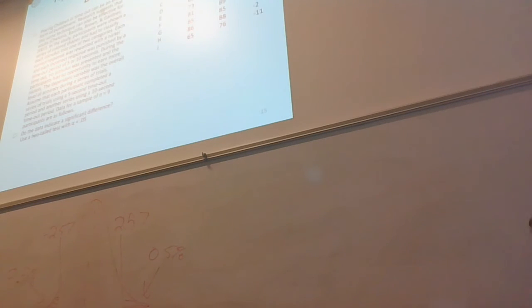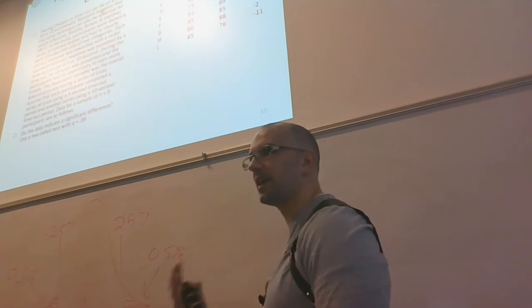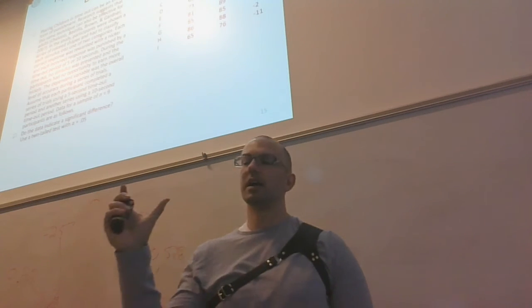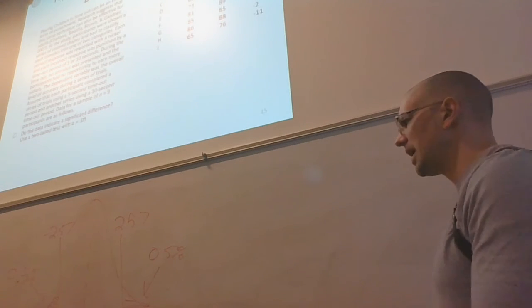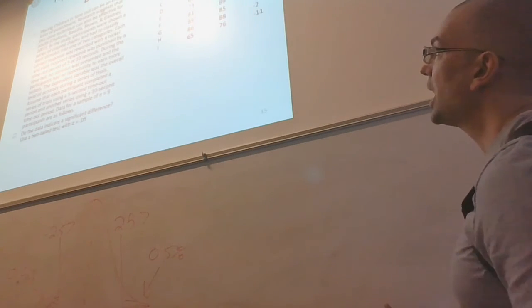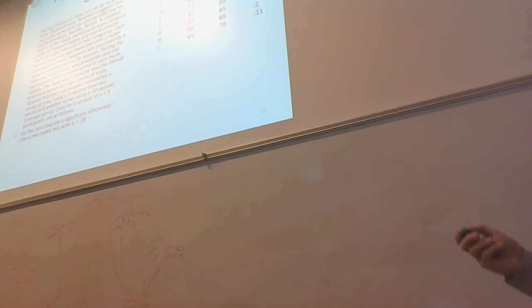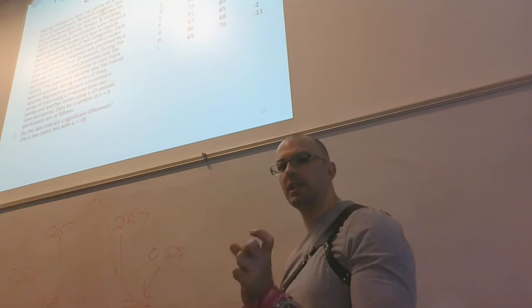And the logic behind this is a little bit like a single sample t-test. And that's why they're grouped together in the same chapter. Because in reality, what we do in this statistical test is we figure out the difference between the two conditions.